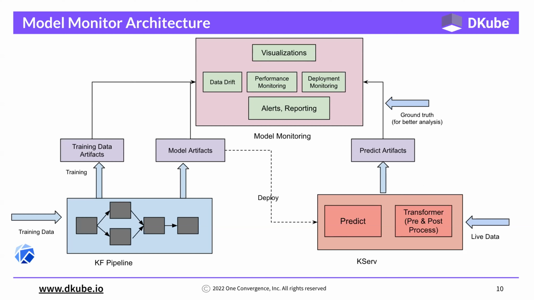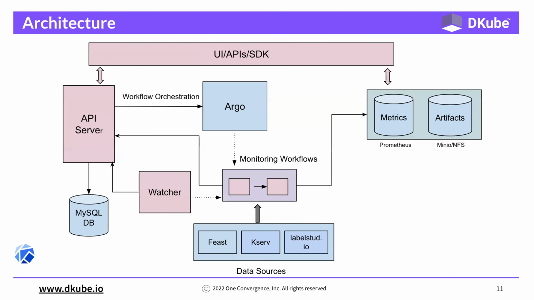Right? And then zooming into this block, the model monitoring block, the way we are proposing is that you have an API server, which your UI and SDK would interface with.